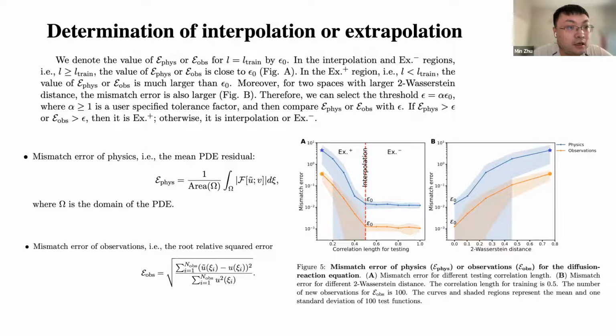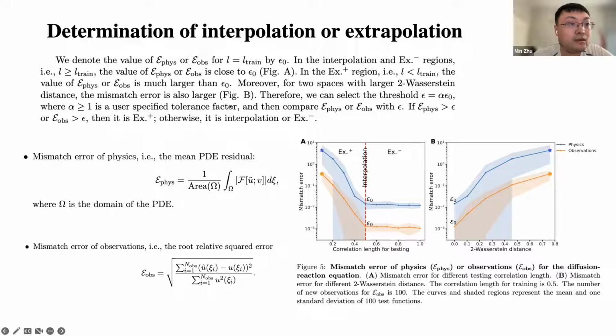We first denote the mismatch error of the physics, which is defined by these equations, where omega is the domain of the PDEs, and the mismatch error of the observations is defined using the root relative square error. The form is very similar to the L2 relative error, but since the points are very sparse, it is not exactly equal to the L2 relative error.